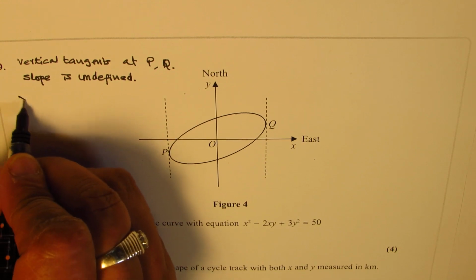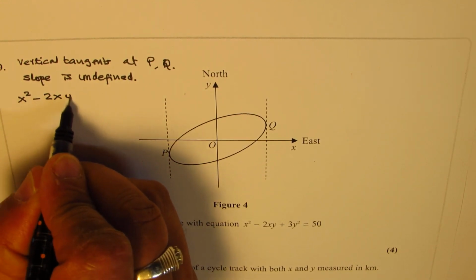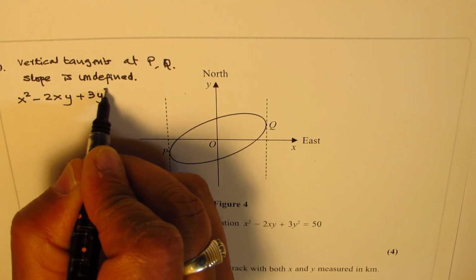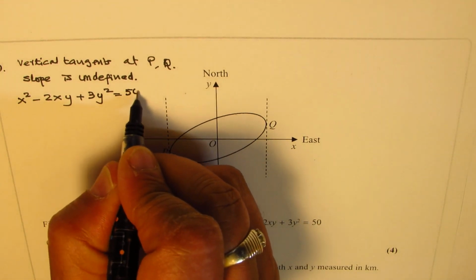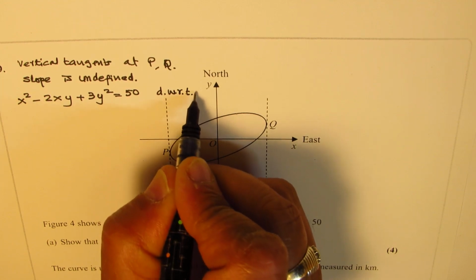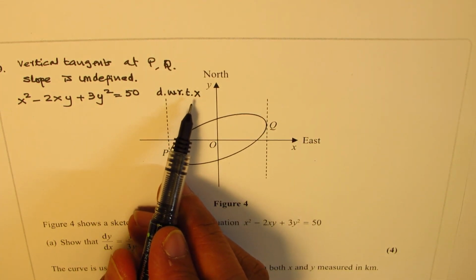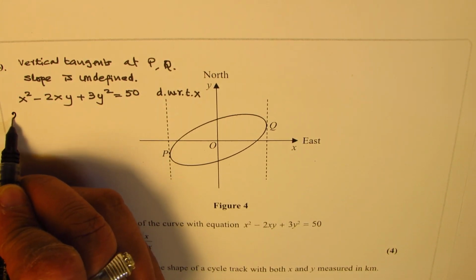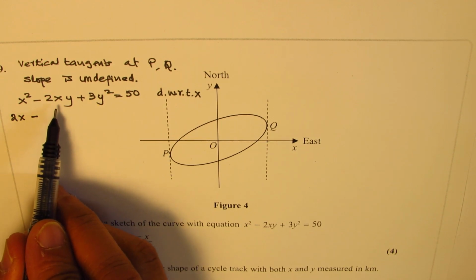So we have x squared minus 2xy plus 3y squared equals 50. Now let's differentiate with respect to x, so we are doing implicit differentiation here. The derivative of x squared is 2x, minus, and here you apply the product rule.